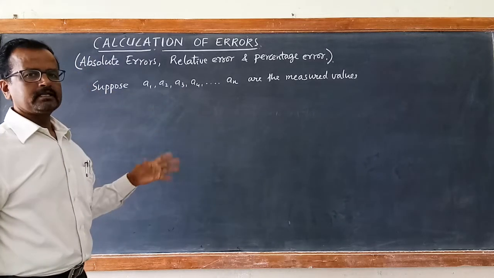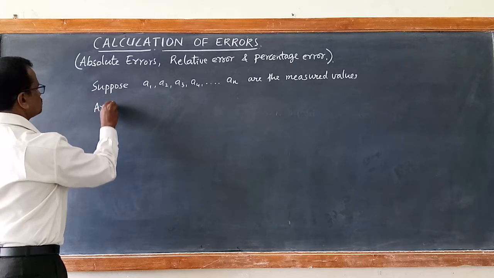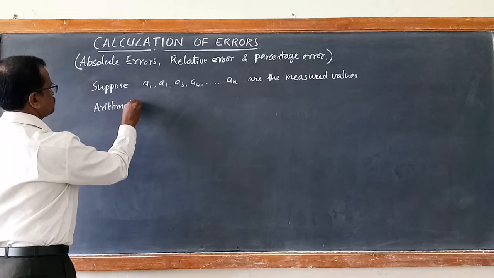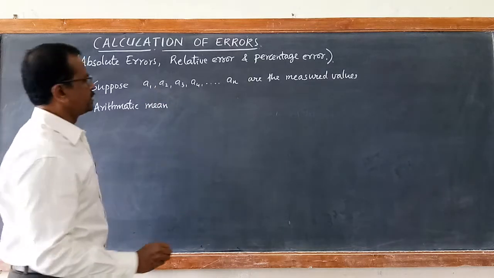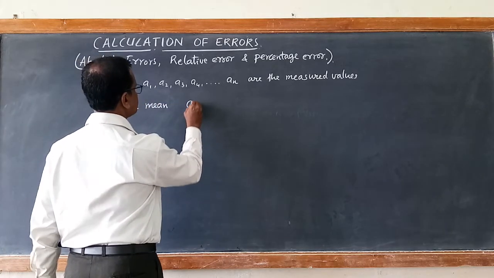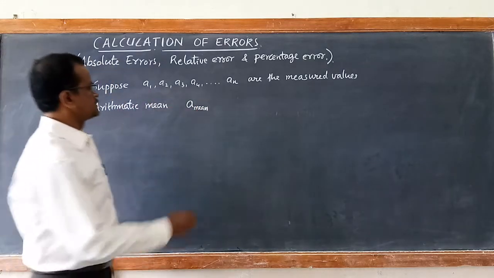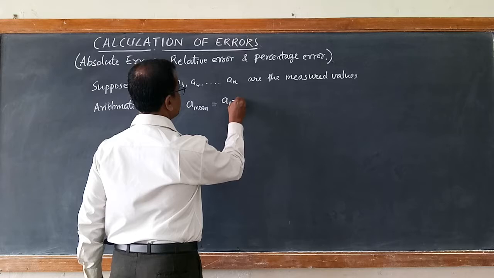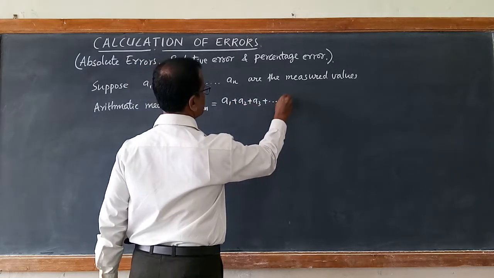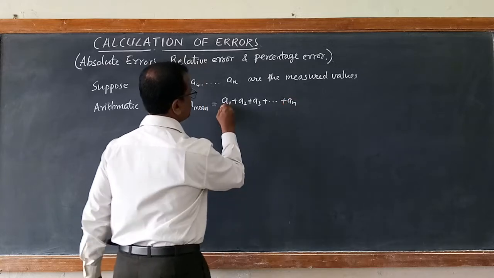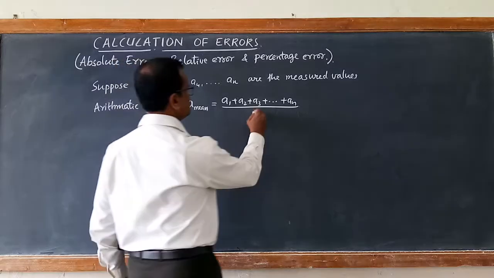Then first we take the arithmetic mean. Arithmetic mean of all these quantities we calculate it. We call it as A mean, and A mean of all these is equal to A1 plus A2 plus A3 and so on up to An divided by the number of observations, the number of measured values.